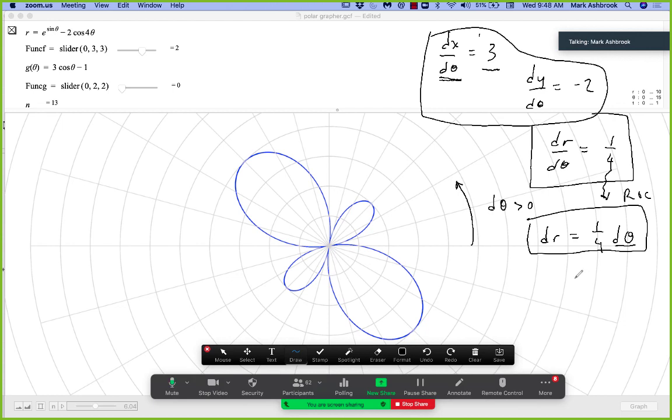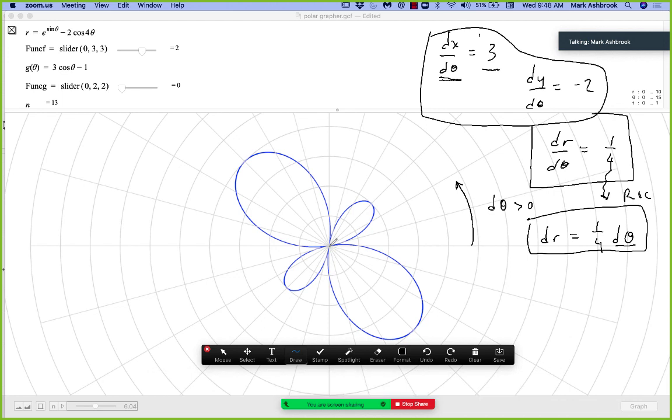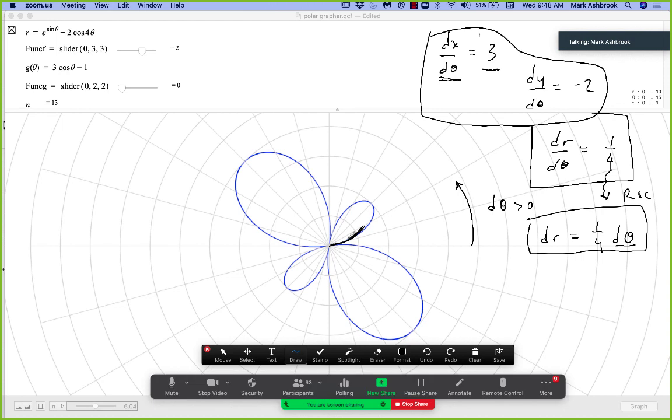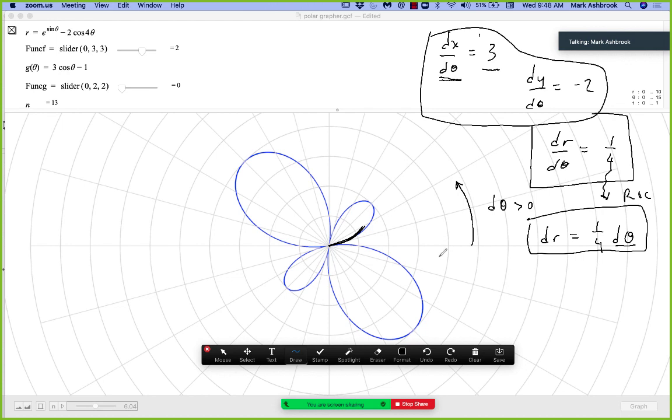Okay, so where might that be? Could it be along here? What does dr/dθ look like right there? Wouldn't it be really high? Yes, we're changing theta just a little bit and r is shooting way up.